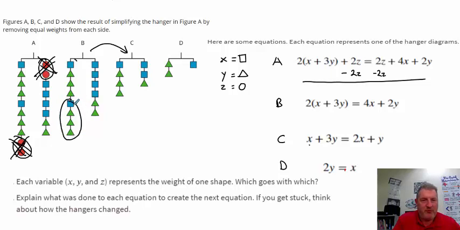So did they subtract a square? Did they subtract a square and 3 triangles? Well, if they only subtracted 1 square and they subtracted 3 triangles, we would have three squares left, and we'd have negative triangles on this side.